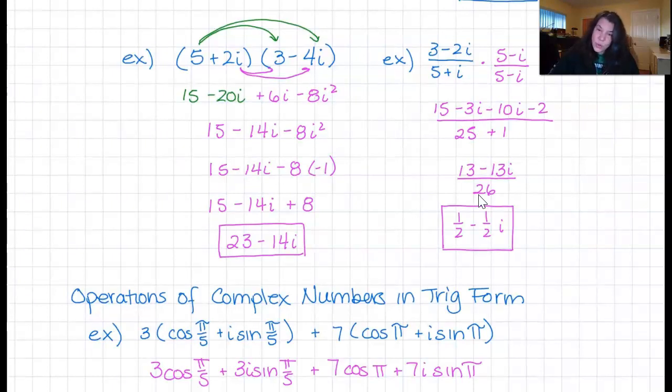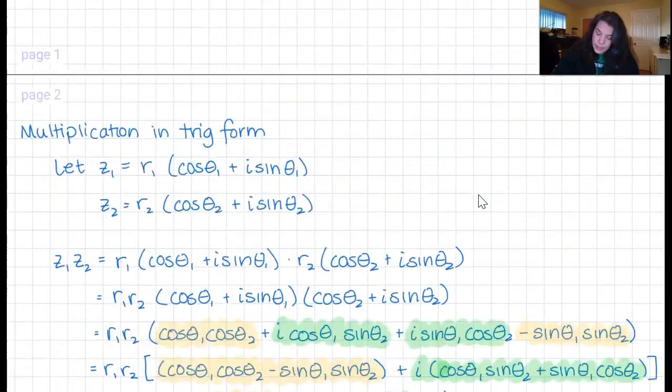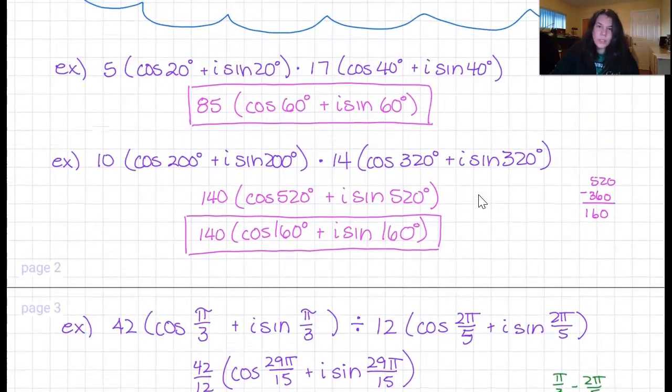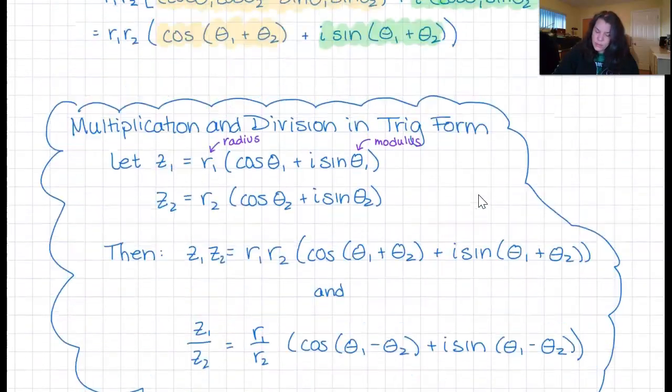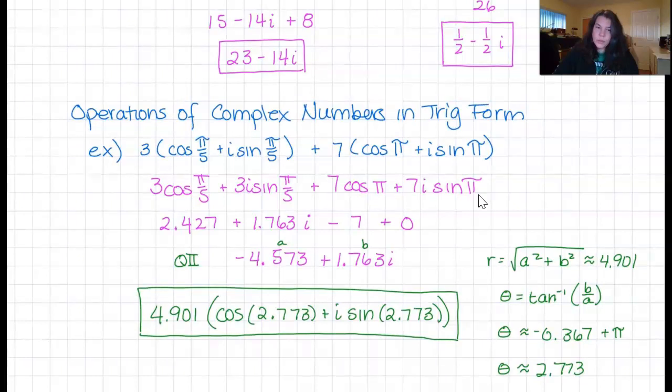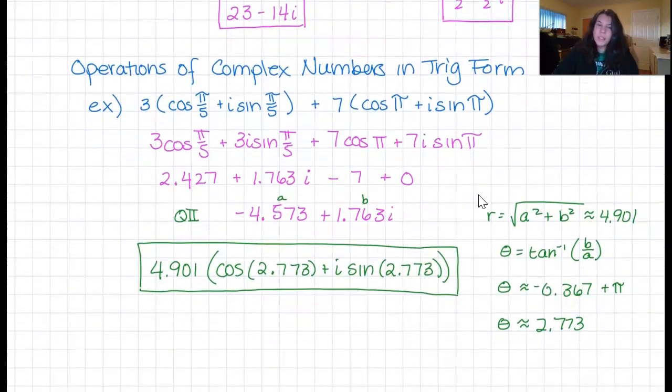I mean, it's not so horrible, but when you compare it to multiplying and dividing in trig form, I would say multiplying and dividing in trig form definitely win. Addition in trig form, that one pretty much sucked. If you can avoid it, avoid it. Sometimes you can't. So that's this lesson in a nutshell.